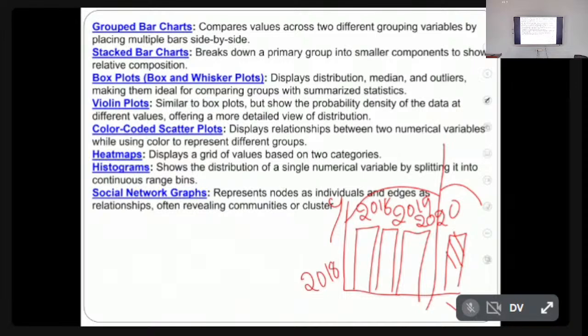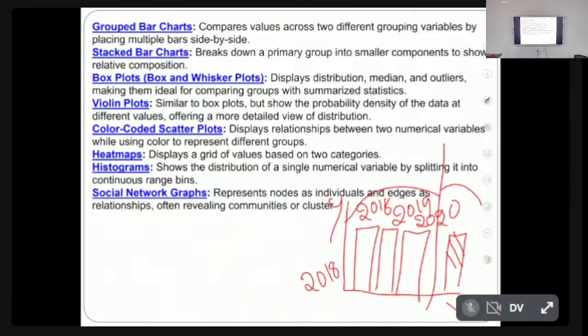Next one, histograms. Histograms show the distribution of a single numerical value.